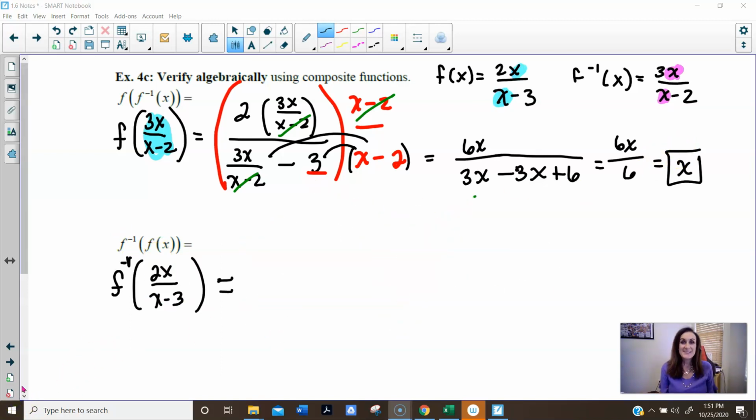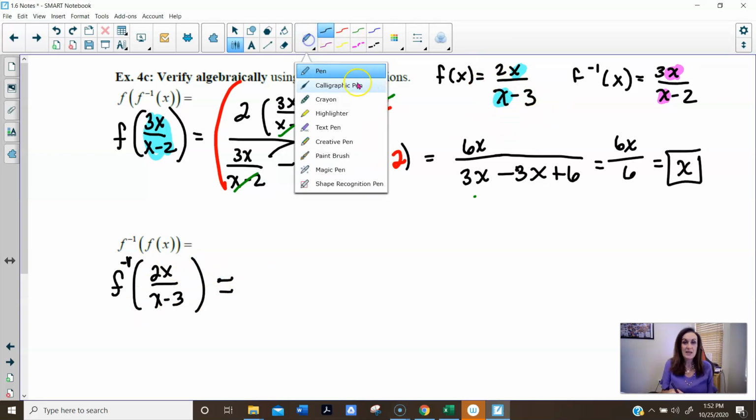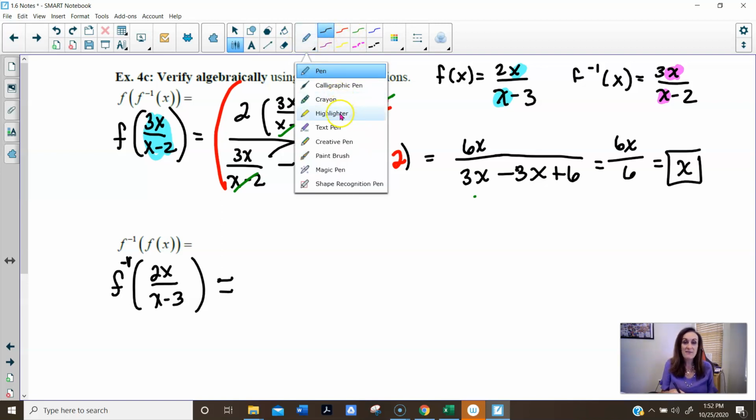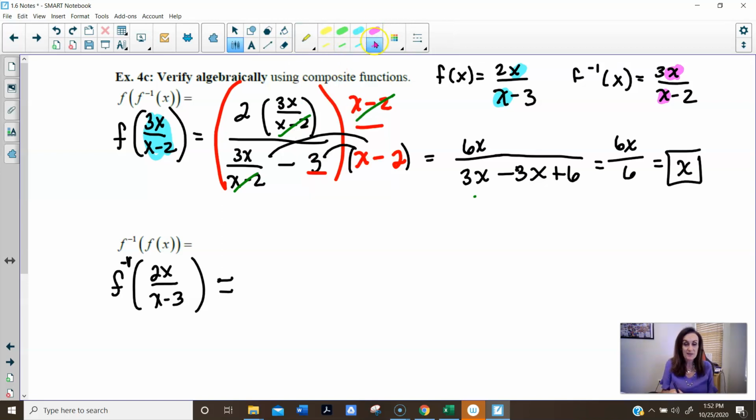So now that I already took f of f inverse of x, I'm going to switch the order. So I'm going to start with f of x, and f of x up here is 2x over x subtract 3. I'm going to plug that in to function f inverse.